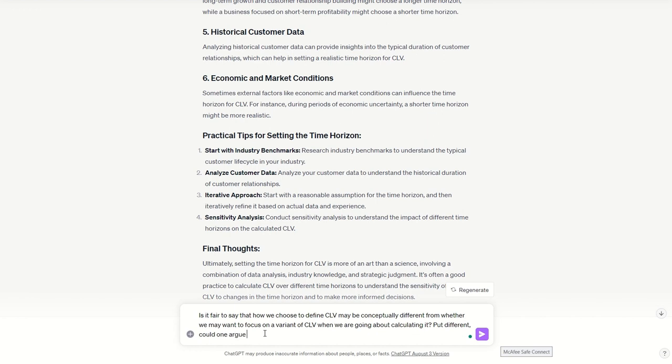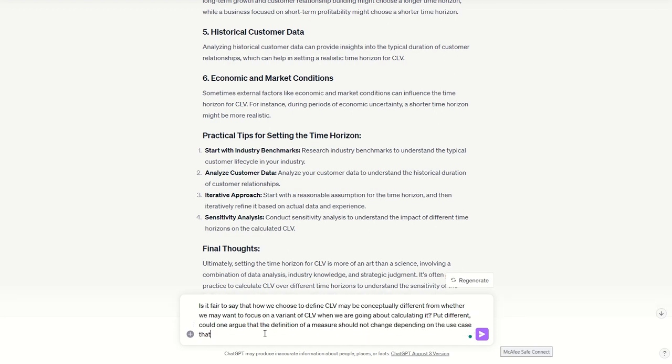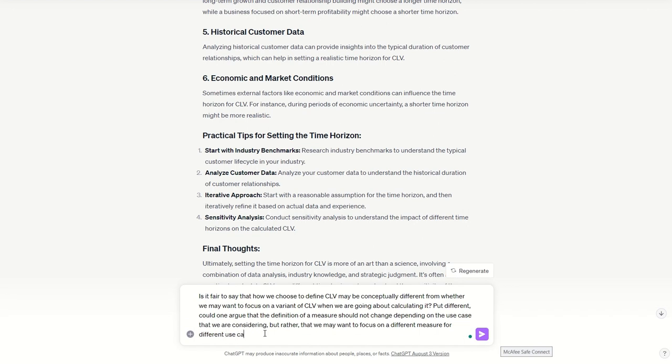Could one argue that the definition of a measure should not change with the case that we are considering, but rather that we may want to focus on a different measure for different use cases?